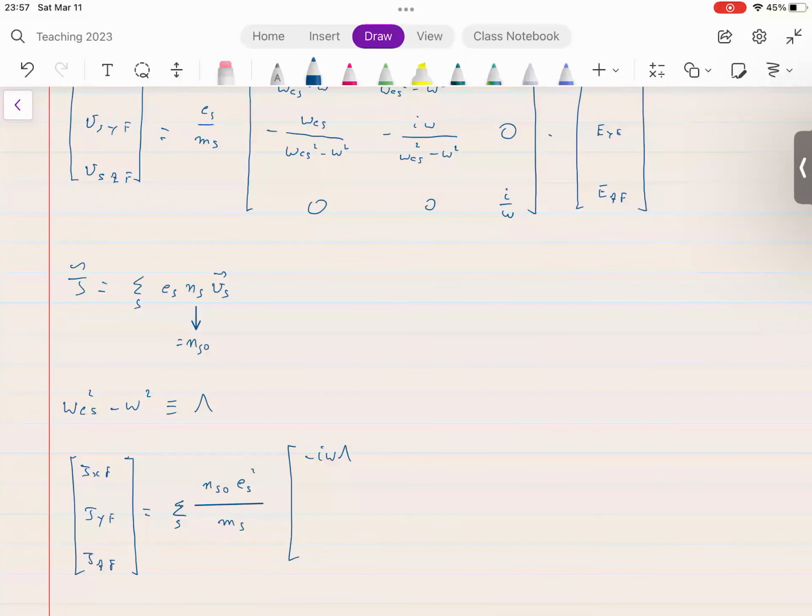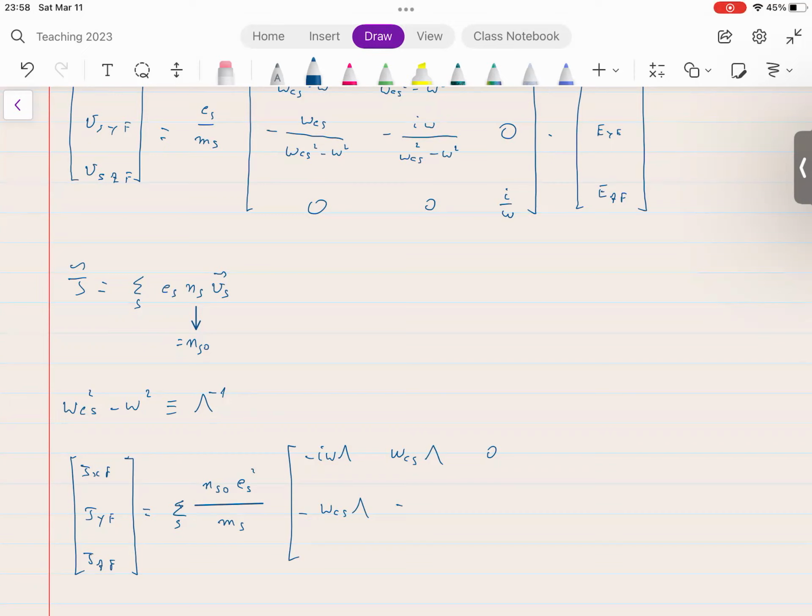And the next term is going to be omega cyclotron s, also multiplying lambda, and 0 still. And the next equation is pretty similar. Have a minus sign there, minus omega cs times lambda.